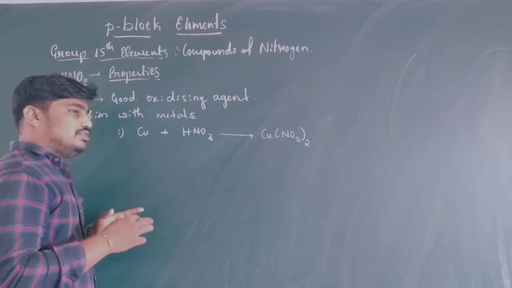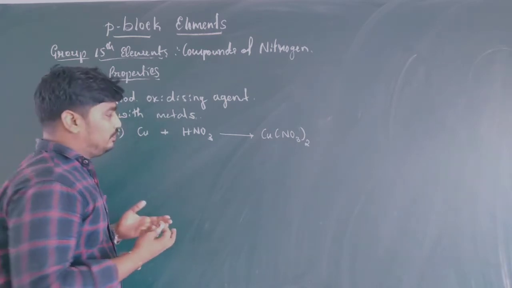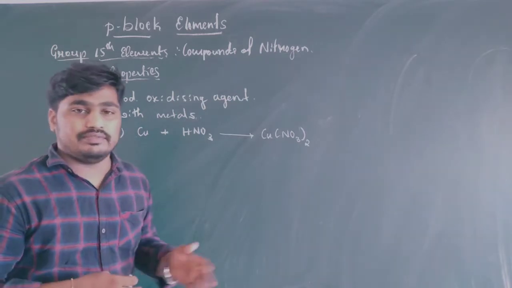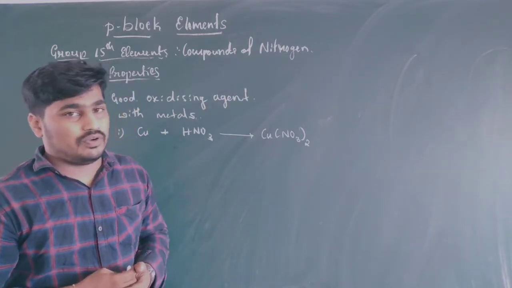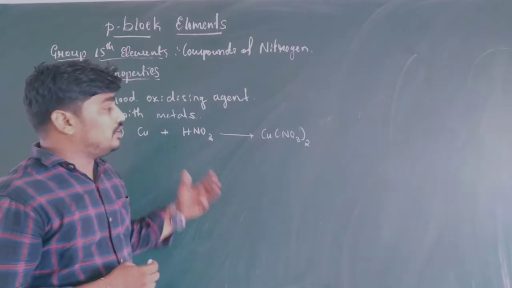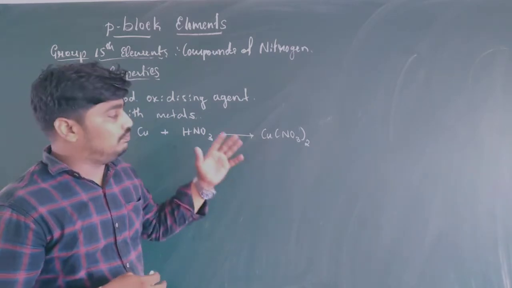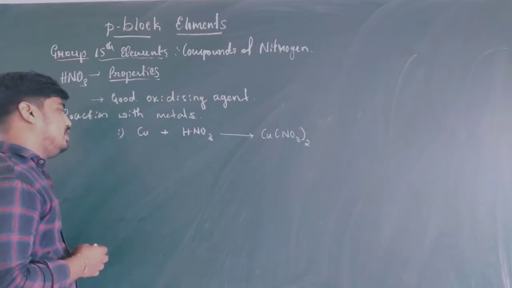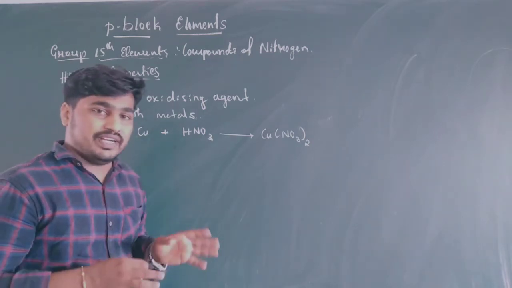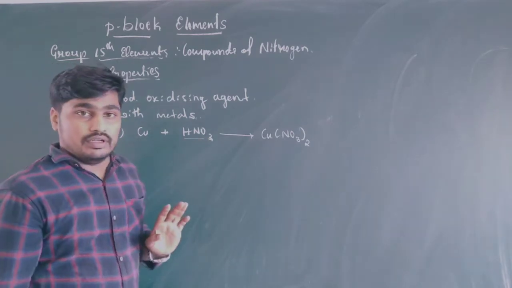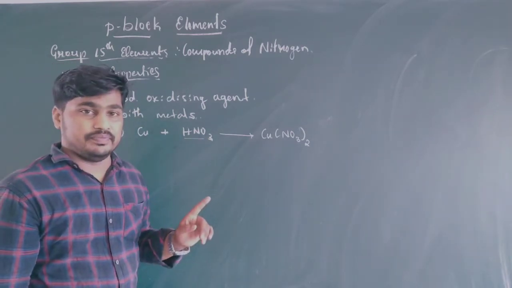This is the general thing we know: when nitric acid or nitrate compounds react with a metal, it gives the corresponding metal nitrate. But how it reacts and what are the possible byproducts in these cases? That part completely depends upon the concentration of nitric acid we have taken during the reaction.